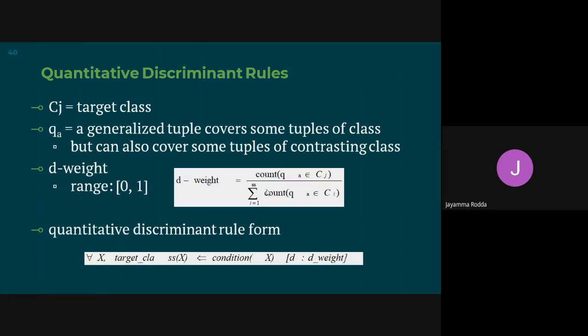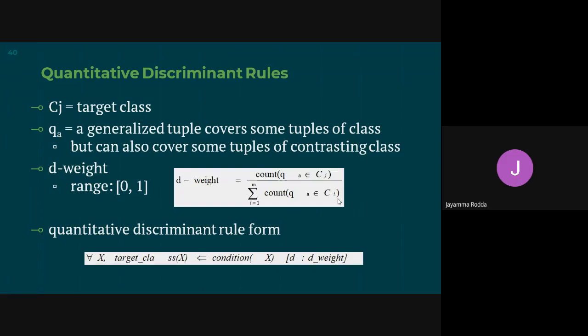So here QA is nothing but some set of tuples that covers the target class as well as the contrasting class. So the count of those tuples covering the target class, divided by the sum of all those counts covering both classes. Here CJ is the target class and here we have the class CI.